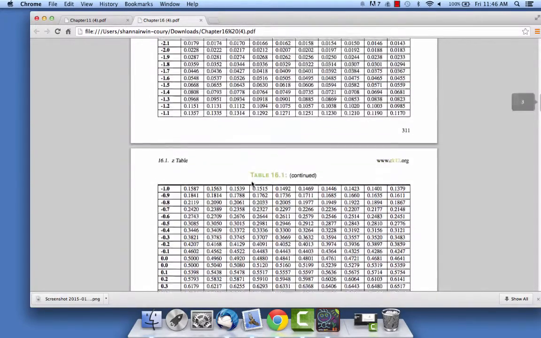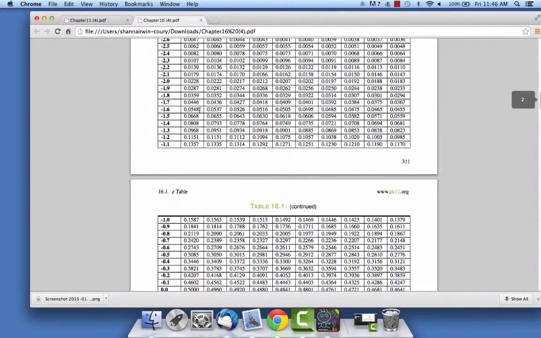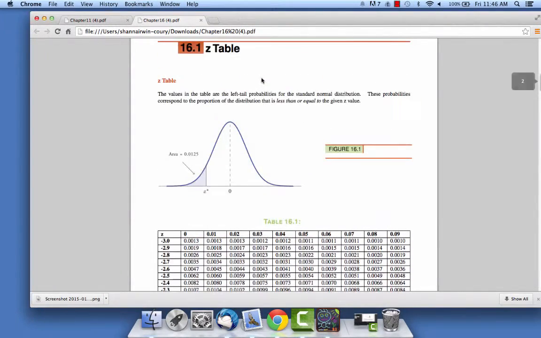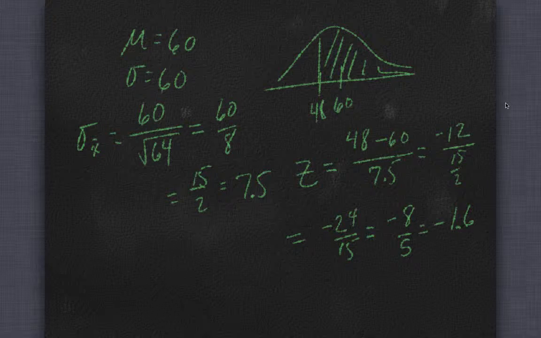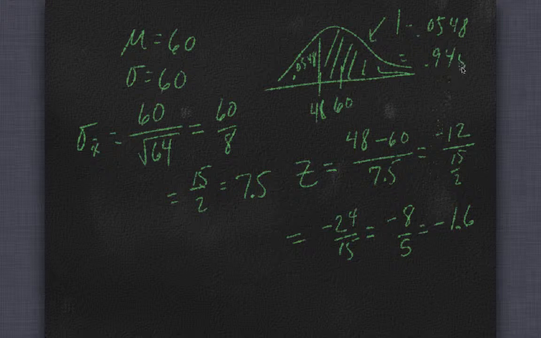Negative 1.6 gives 0.0548 to the left, which leaves over here 1 minus 0.0548. So I think they're changing it to percentages as they did on the other example. So 94.52%.